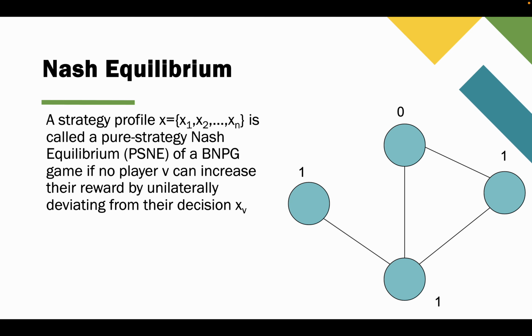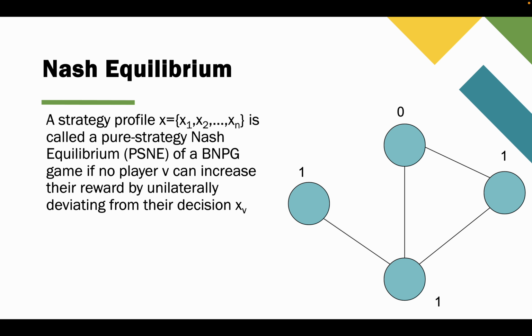Now, having defined the utility function in this way, the aim here is typically to decide whether the game has a pure strategy Nash equilibrium or not. So formally, a strategy profile x1, x2 up to xn is called a pure strategy Nash equilibrium of the game if no player V can increase their reward by unilaterally deviating from the decision xv.